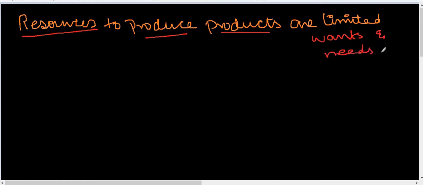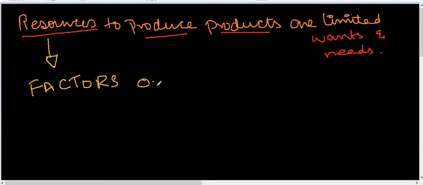But what exactly is this resource? So resources which are used to make products are called factors of production. Simple. Now it's just the name, factors of production.